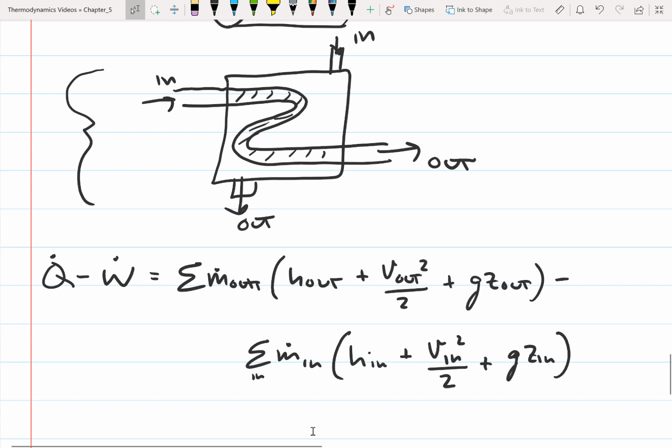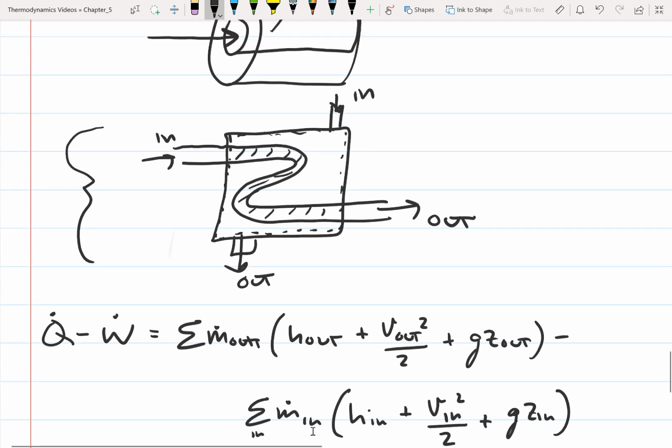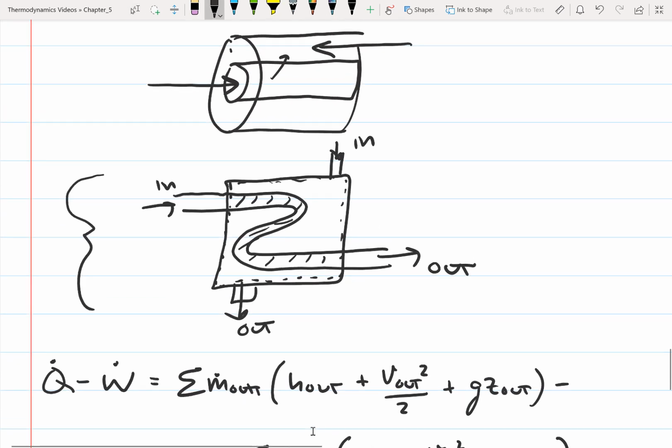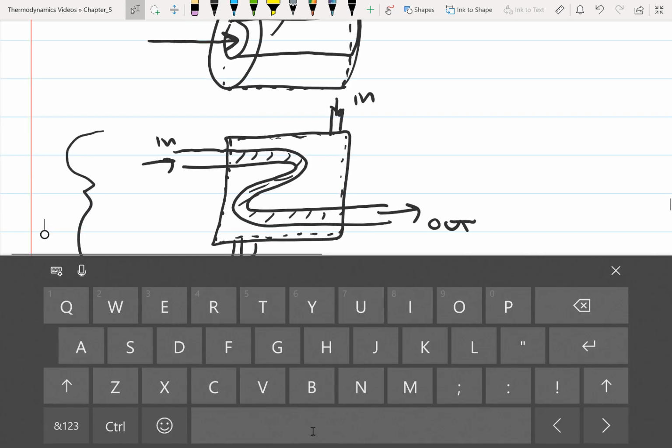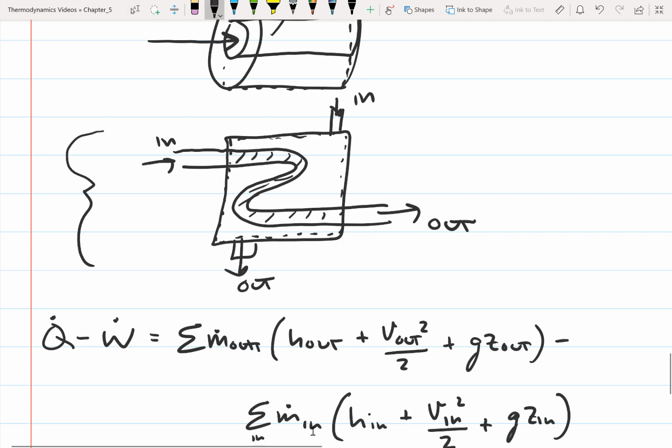I'm going to consider Q in, Q out. So I'm considering our heat in and heat out. First of all, we want to define our system. So we're going to say that our system is this. So basically our system includes both pipes, and the same thing with this one. Our system would be this. So if these are well insulated, which they often are, then there's no heat out or in.